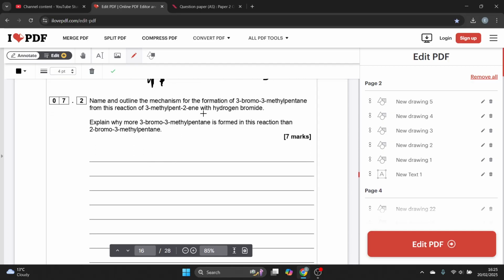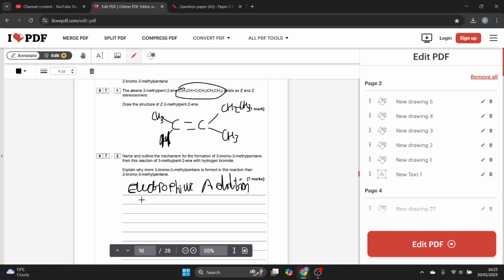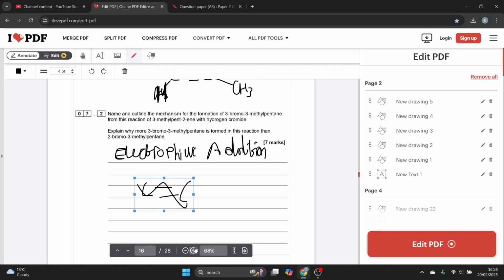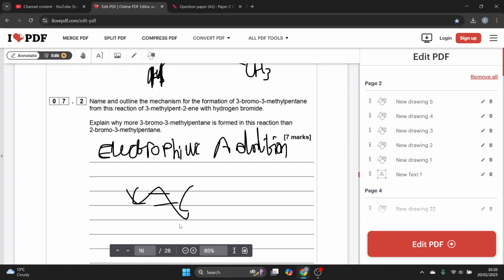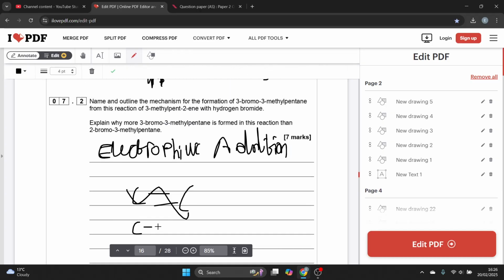Name the mechanism of formation of this, from reaction of this to this. It's going to be electrophilic addition. I've already drawn out 3-methylpent-2-ene. So I'll just do it in this format: methane, ethane, propane, butane, pentane.